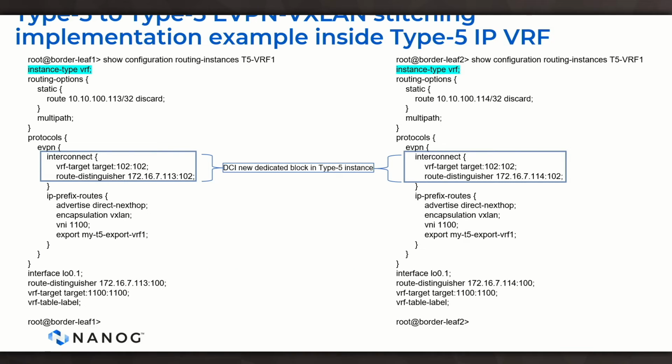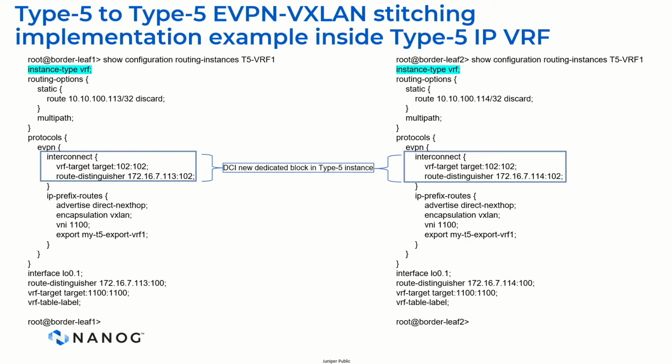And then another example, whenever we don't want to do L2, we just want to manage IP prefix reachability. In this case, we have that new dedicated block as an example of how to introduce the interconnectivity for IP purposes only for data center interconnect.